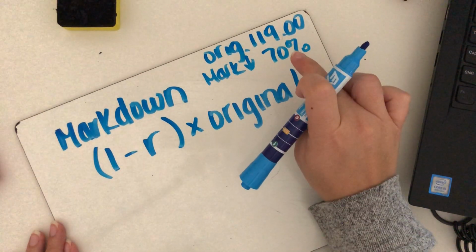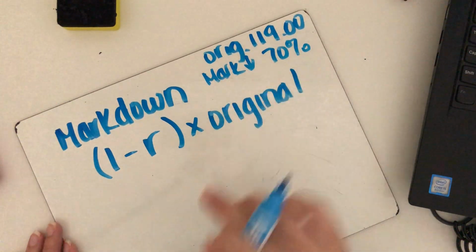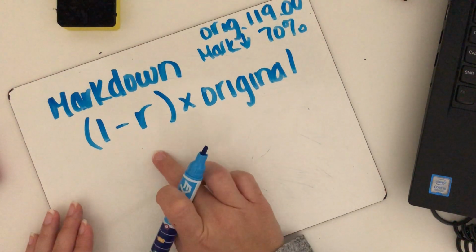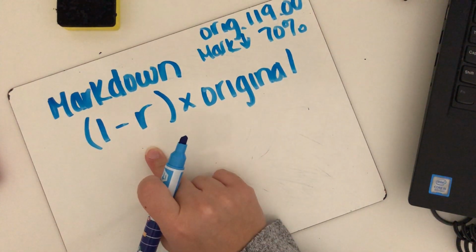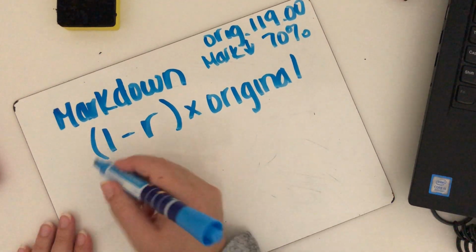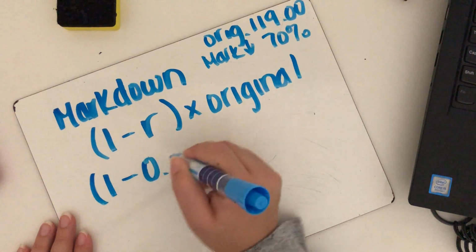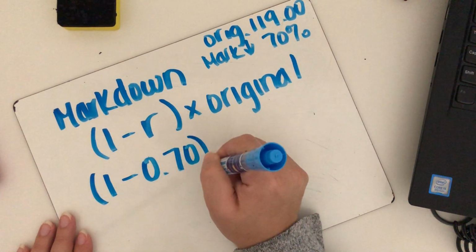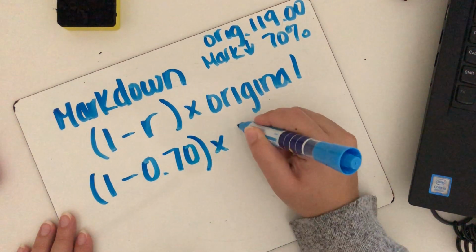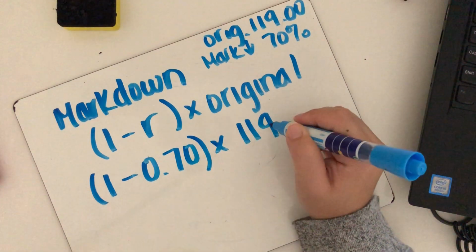So original 119, my markdown is 70%. Remember that when we're putting that value in for your R or your rate, it has to be a decimal, not the percent. So I'm going to do 1 minus 0.70, and then multiply that by the 119.